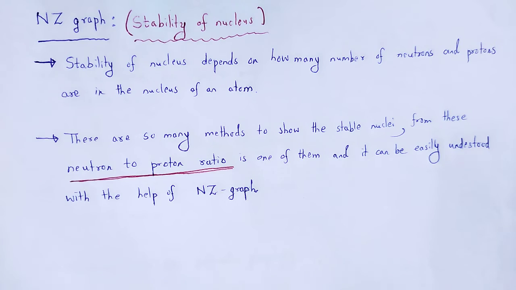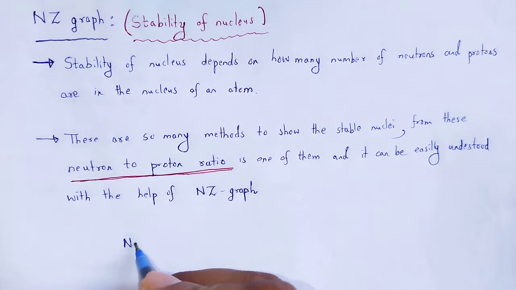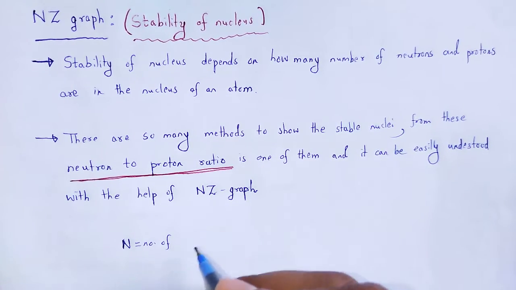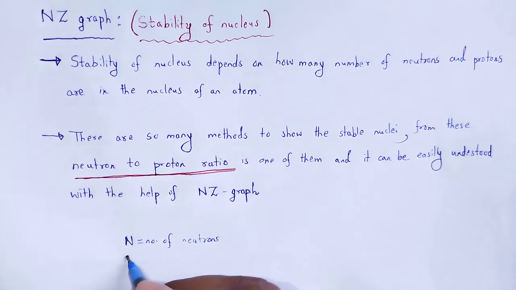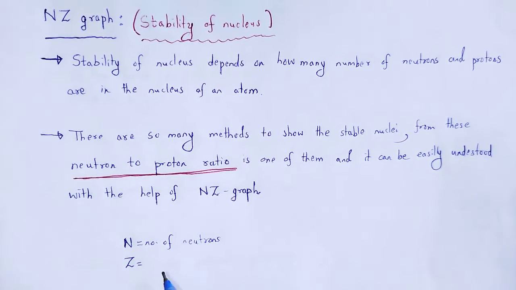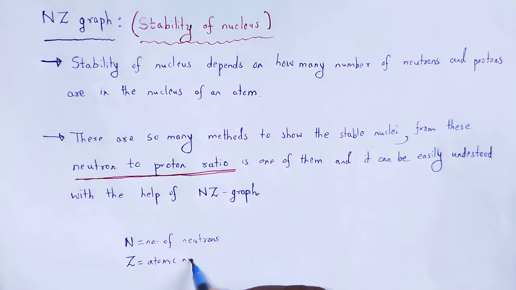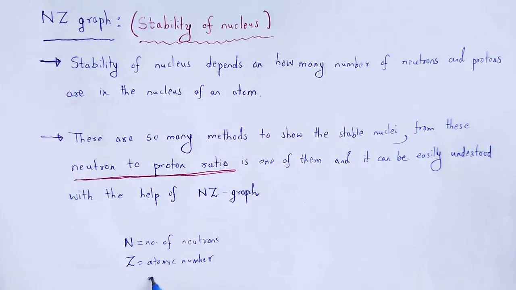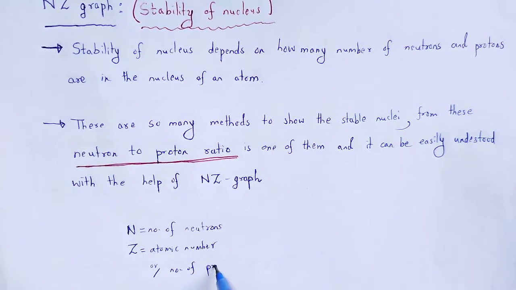In that scenario, N stands for number of neutrons, Z, that is the atomic number, or the number of protons.